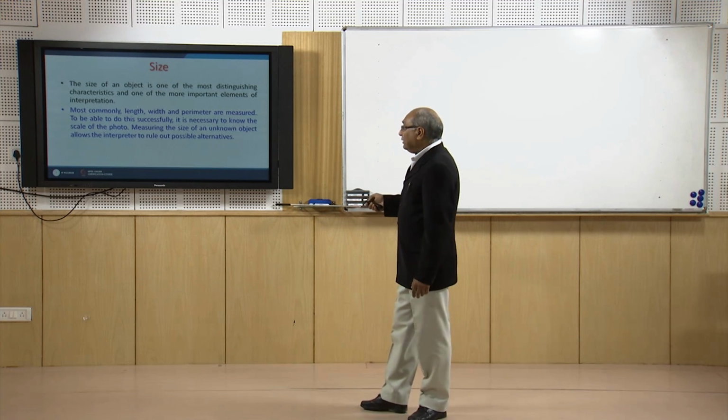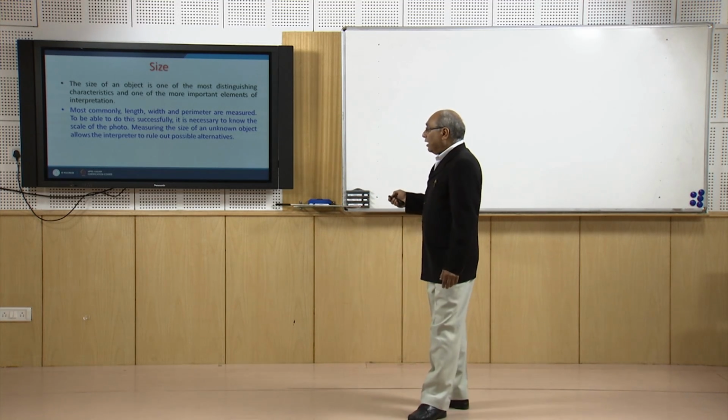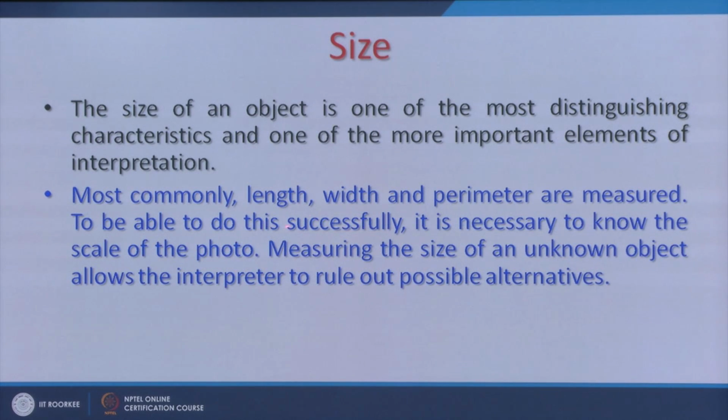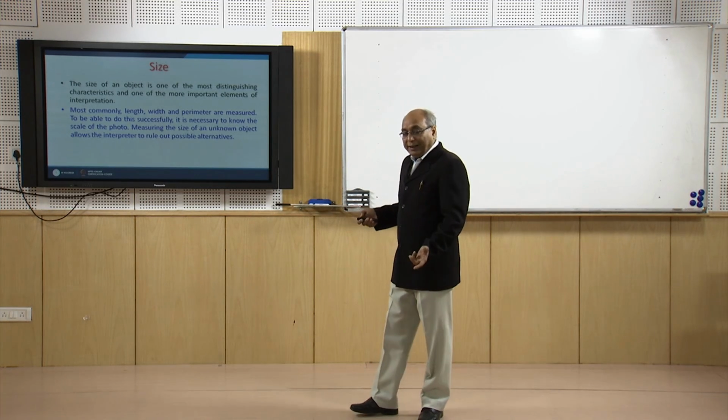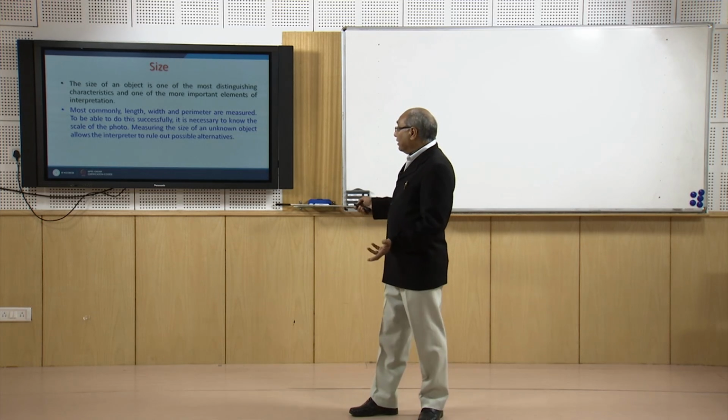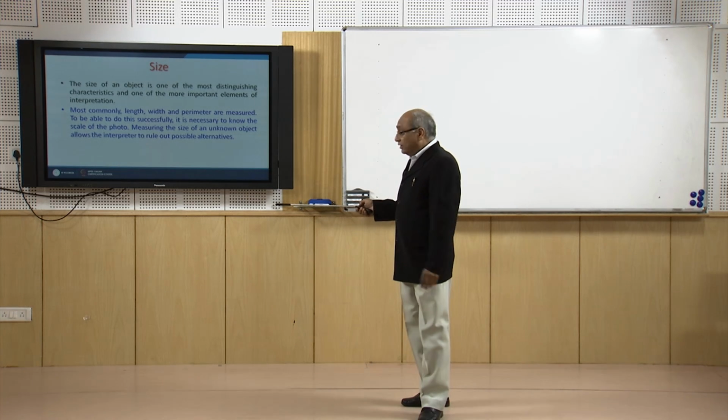Most commonly the length, width and perimeter are measured. To be able to do this successfully, it is necessary to know the scale of the photograph, if you are using printouts of a satellite image, or the spatial resolution in the case of a digital image.